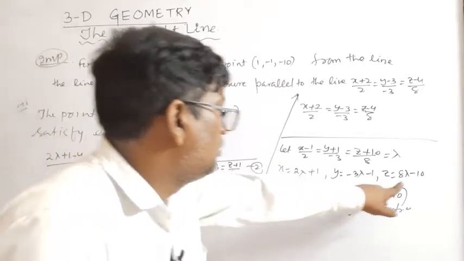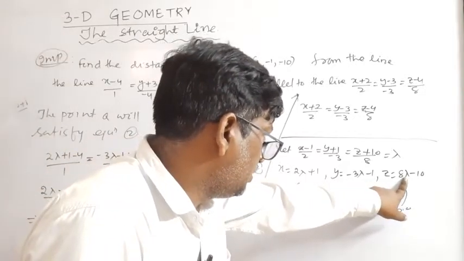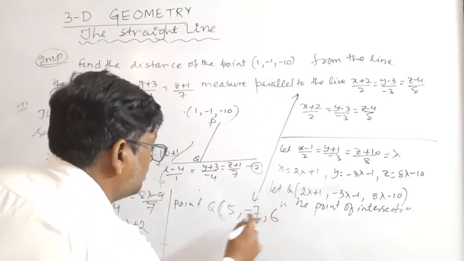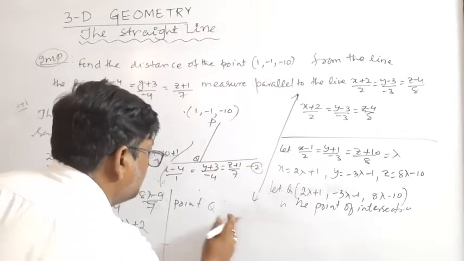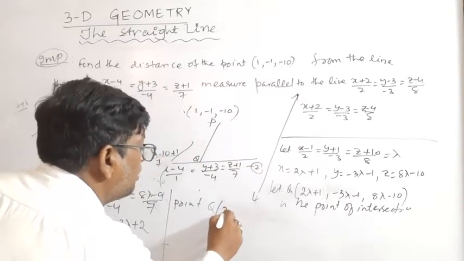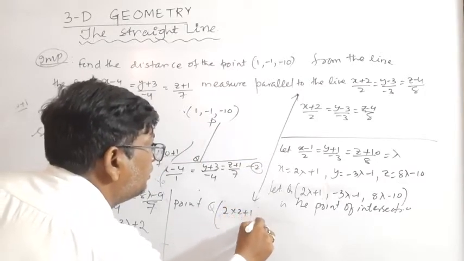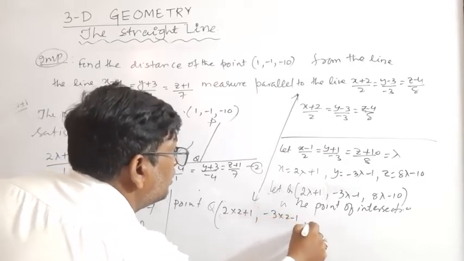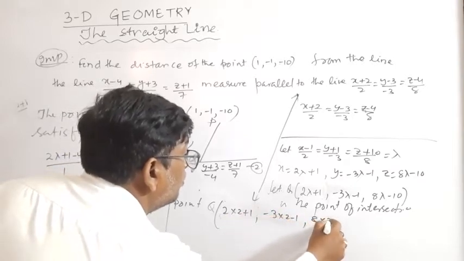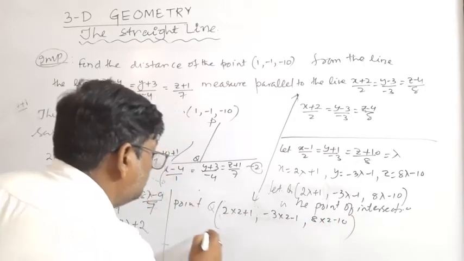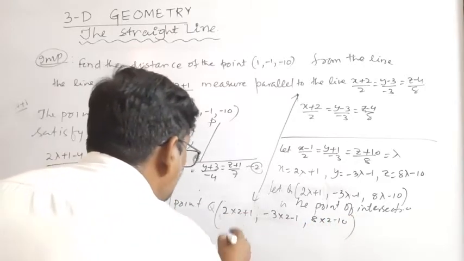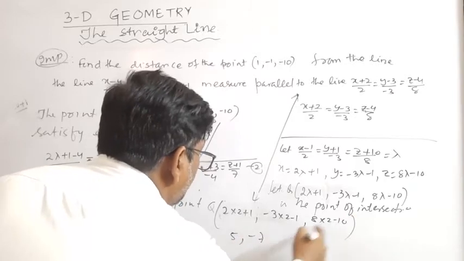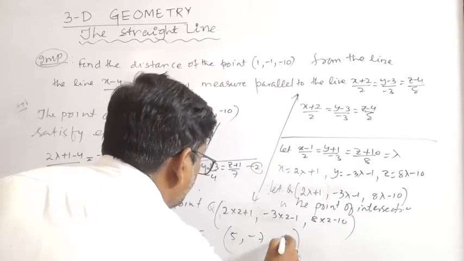And 8 lambda minus 10, that is 16 minus 10, which is 6. So Q is (5, minus 7, 6).